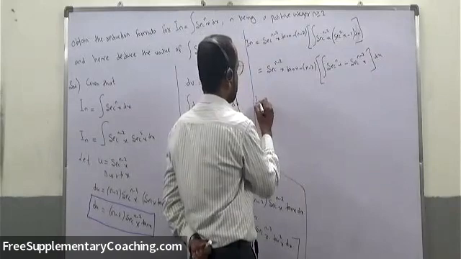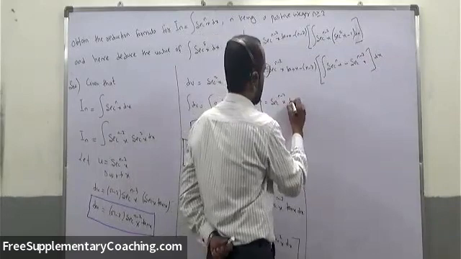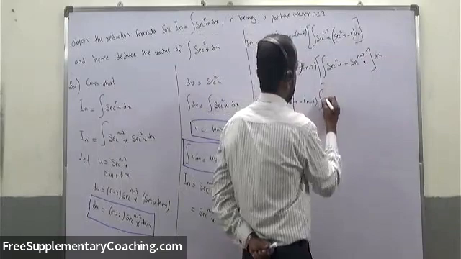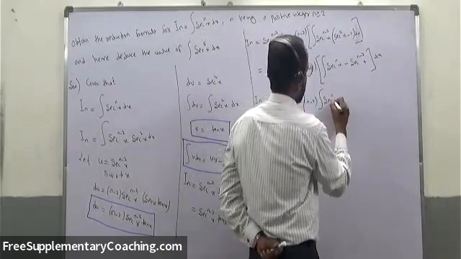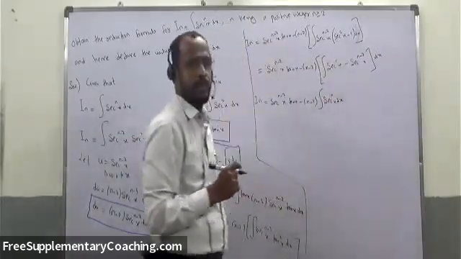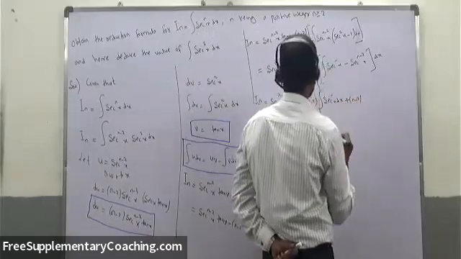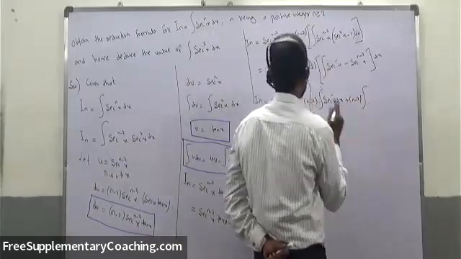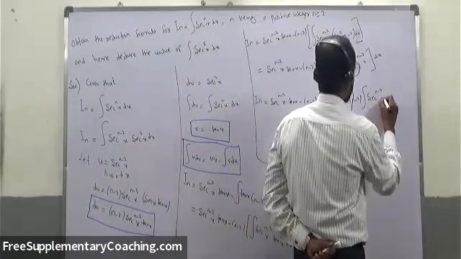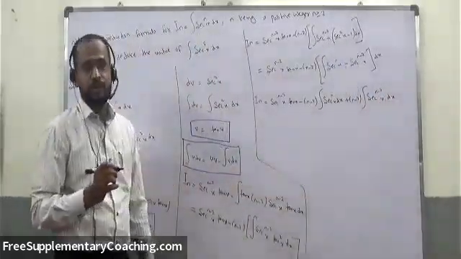So I can write I_n is equal to secant power n minus 2 x into tan x minus n minus 2 integration of secant power n x dx, minus into minus plus n minus 2 integration of secant power n minus 2 x dx. Yeah, whole multiplication for the term is completed.